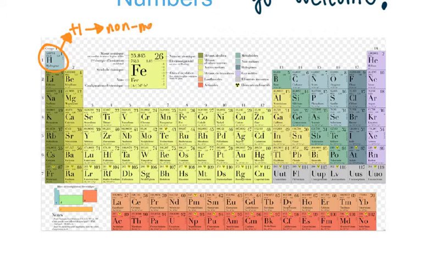Remember, this whole line starting from here goes all the way down and separates the transition metals from the nonmetals. All of these from this line on are nonmetals. Some of these are metalloids, but in general, these are all nonmetals.